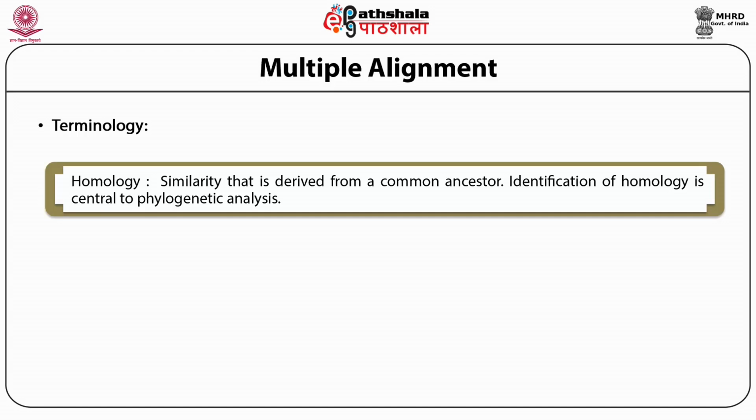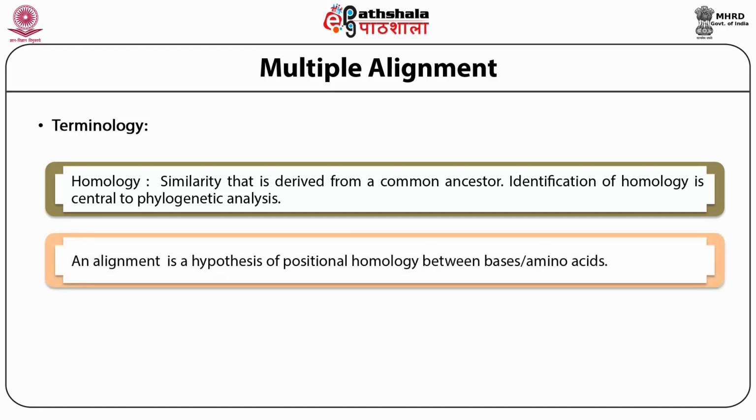The second term which we have to understand is alignment itself. What is an alignment? Computer science would say it's a matching between strings such that their lengths are equal and so on and so forth.